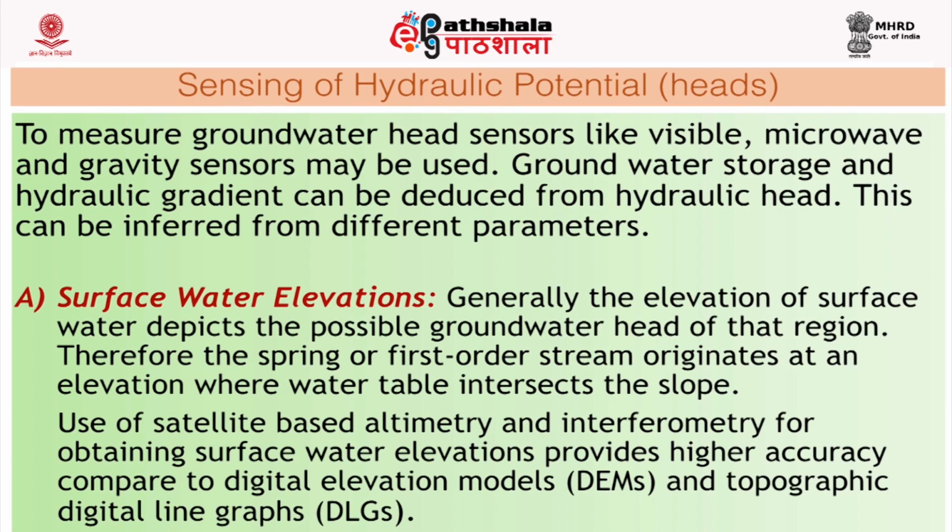Therefore, a spring or first order stream originates at an elevation where the water table intersects the slope. Using satellite-based altimetry or interferometry to obtain surface water elevation provides higher accuracy compared to digital elevation models and topographic digital line graphs. We can use these satellite images to get information about the surface water elevation of that region.